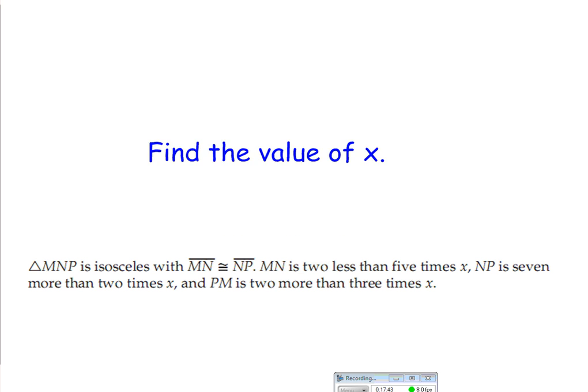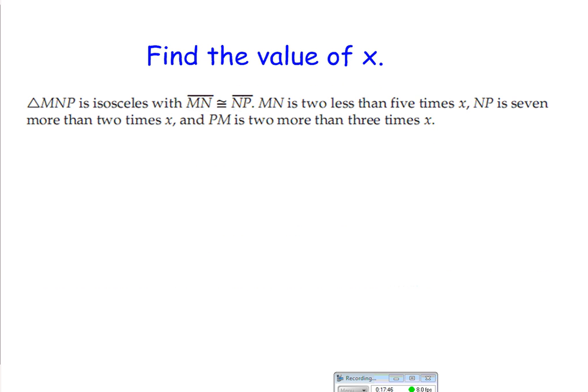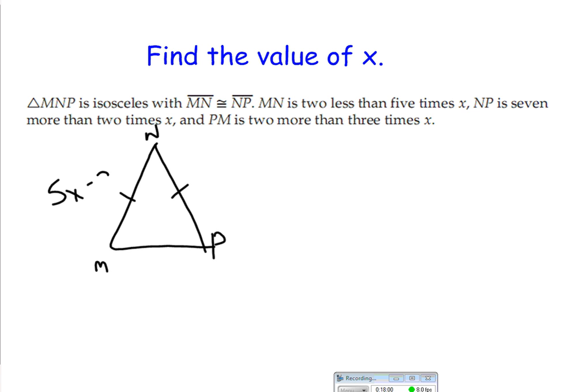This is a good one. We'll do this the last one, then I'm done. So, hang in with me. MNP is isosceles. MN is congruent to NP. MN is 2 less than 5 times x, so that's going to be 5x minus 2. NP is 7 more than 2 times x, so that's going to be 2x plus 7.